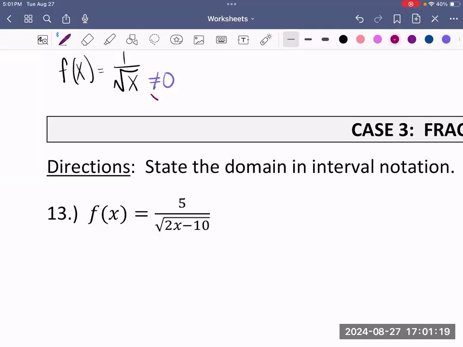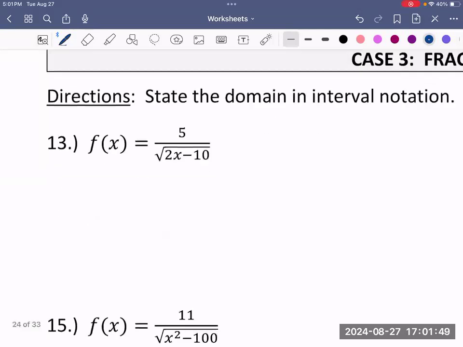And with your square root sign, we have to be greater than or equal to 0. But with the square root sign being underneath the denominator, we are not able to be equal to 0 anymore. So we're bringing these two ideas together to then just say x is greater than 0. So we should have the idea of 0 to infinity non-inclusive.